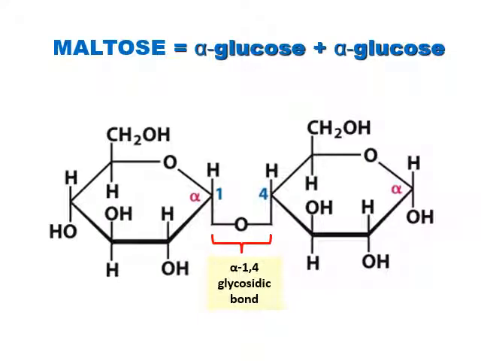This slide shows you the structure of maltose. Maltose is formed from the joining of 2 alpha glucose. If you look here, this is one alpha glucose and this is another alpha glucose, so both are joined by an alpha 1,4 glycosidic bond.